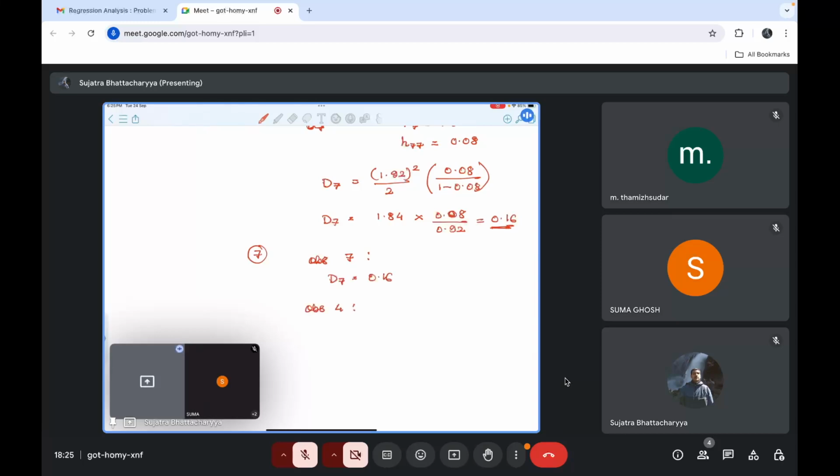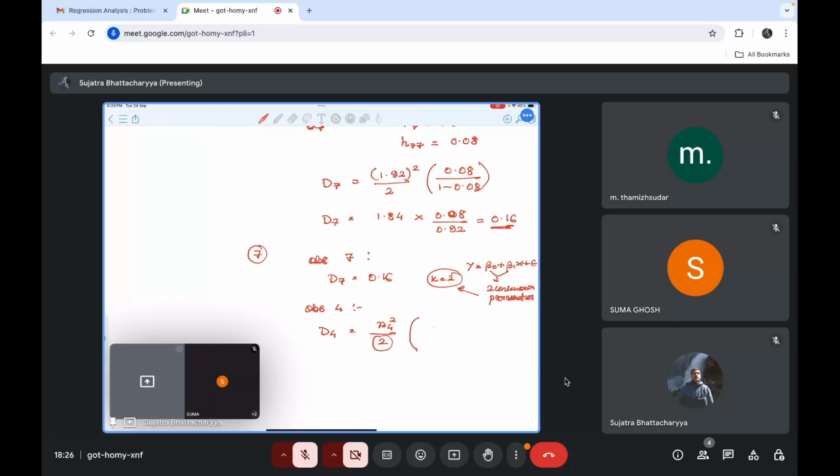D4 is equal to R4 square divided by 2, because K will not change. K is always 2 for all the cases, because it depends on the regression model Y is equal to beta naught plus beta 1 x plus epsilon. Two unknown parameters, that is K is equal to 2. That's why we are putting 2 here.